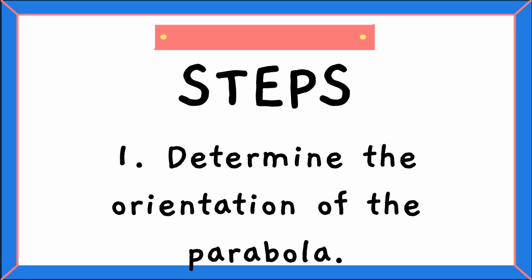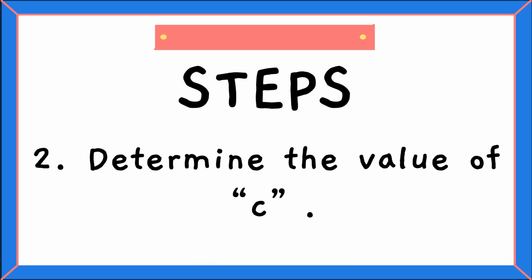Then if it is horizontal, you can do the second step, which is to determine the value of your letter C. Just like I mentioned, there are two orientations, vertical and horizontal. If you already determine the value of C, it would help you to identify if it is a parabola that opens right, left, up, or down.